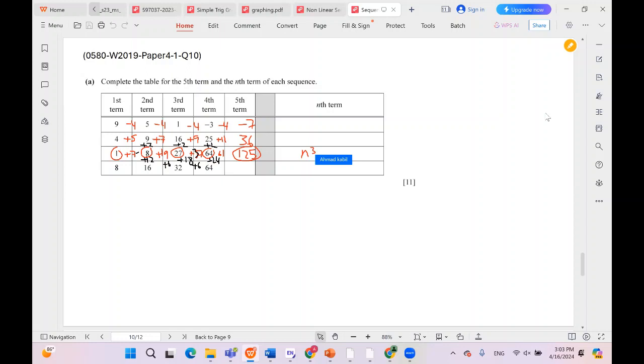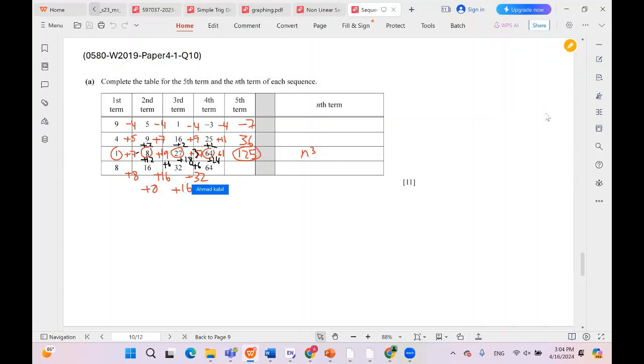But anyway, for the fourth sequence, you have plus 8 here, and from 16 to 32, you have plus 16, and from 32 here, you have plus 32. So you can see that the difference is not the same. It's not really working out.